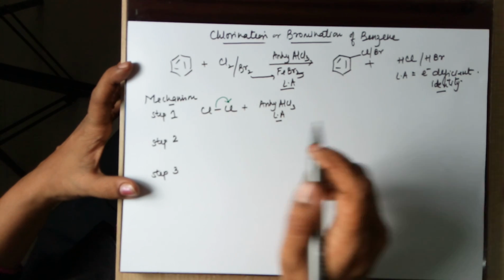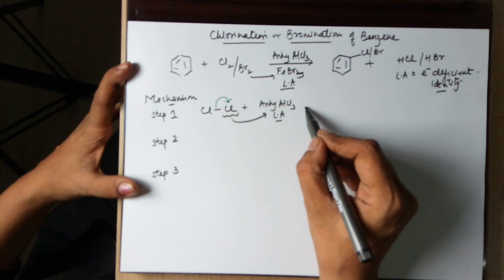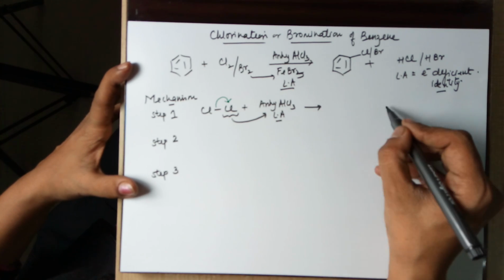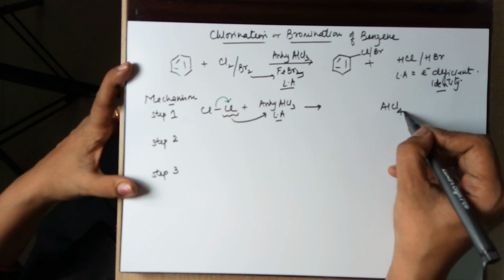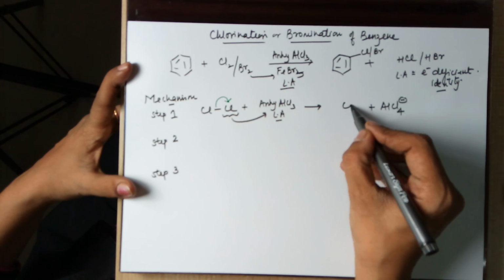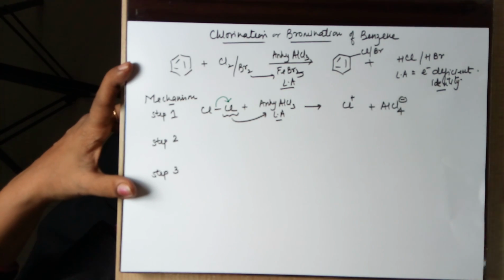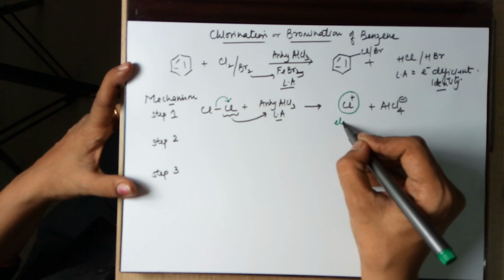This chlorine therefore becomes negatively charged. Since now it has electrons, it is grabbed by the Lewis acid. Hence AlCl3 takes away the Cl minus, becomes AlCl4 with a negative charge, and you are left with a Cl positive, the target you require, which is your electrophile.